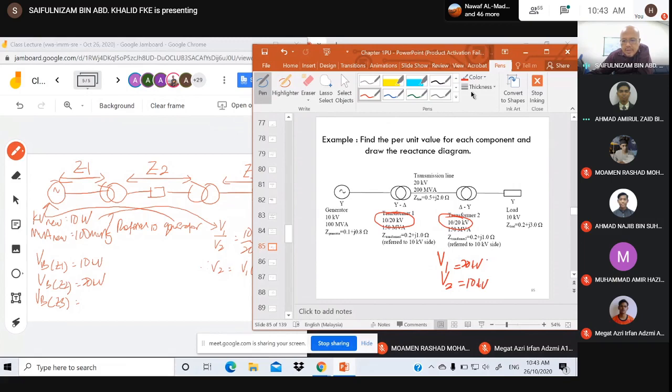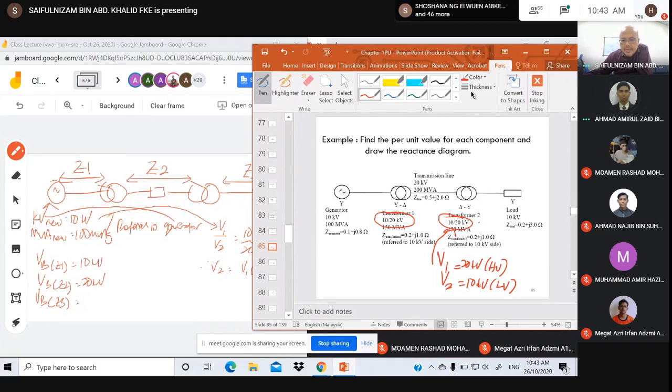This one is on the HV side, this one on the LV side. Now it's okay, right? The load is 10 kV, which corresponds to the secondary of T2, which is 10 kV.